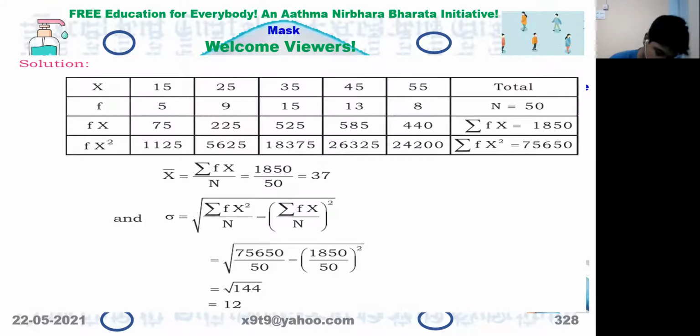Then 5,625, correct. 18,375, correct. 26,325, correct. 24,200. Now find the total of all of them.